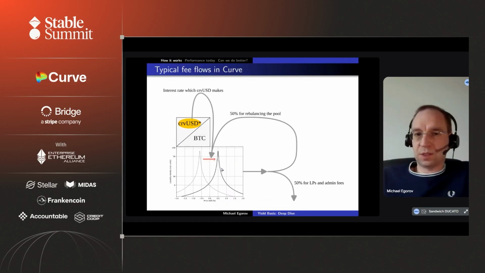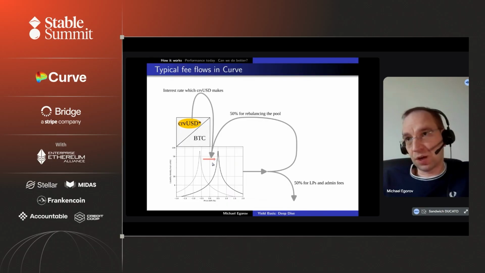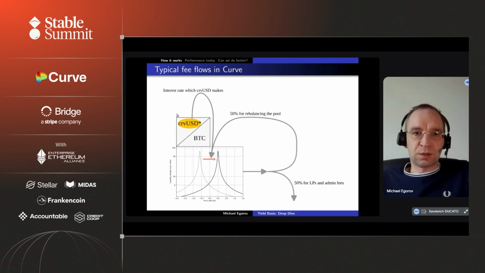Or if it's done with, let's say, foreign exchange use case, I don't know, we have tokenized Swiss franc, for example, ZCHF and Curve USD. So why wouldn't ZCHF guys and us stream some funds to essentially make rebalances more efficient, and then liquidity density will be high, and hopefully the pool will earn more fees.